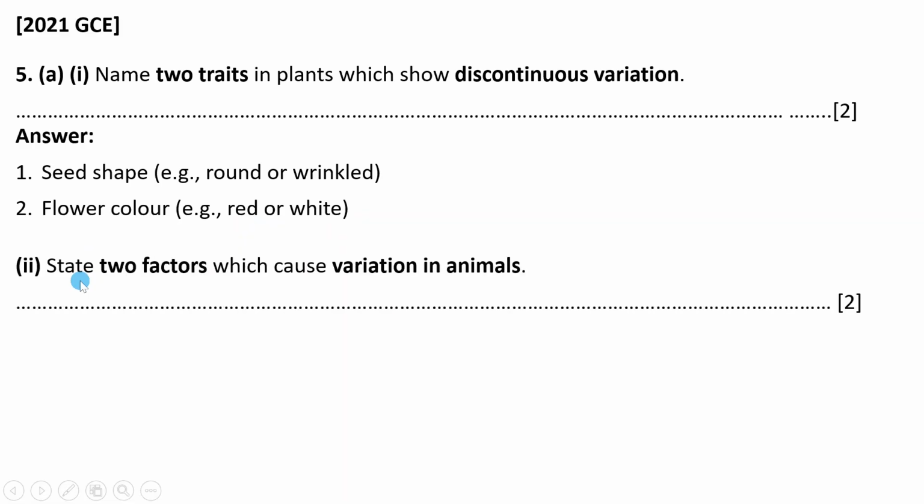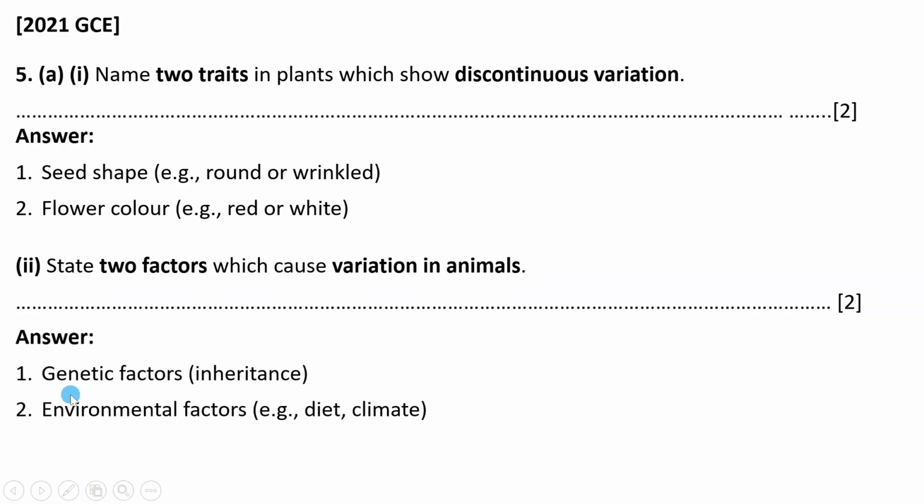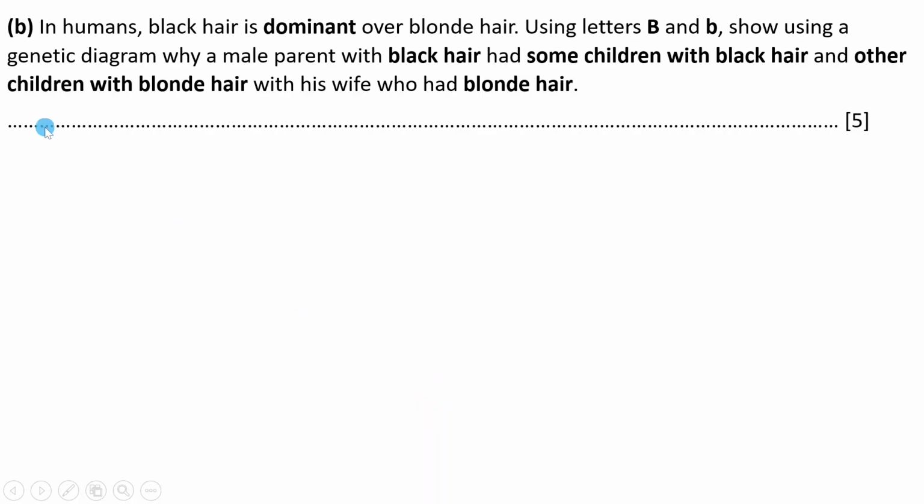Then we come to Roman numeral 2, state two factors which cause variation in animals. So the two factors are genetic factors, which is inheritance. Then the other one is environmental factors, e.g. diet or climate change. Then we have question B, which says in humans, black hair is dominant over blonde hair.